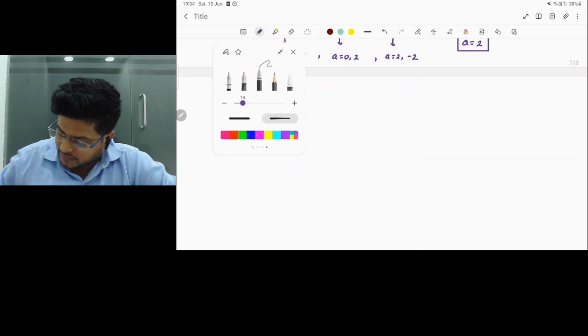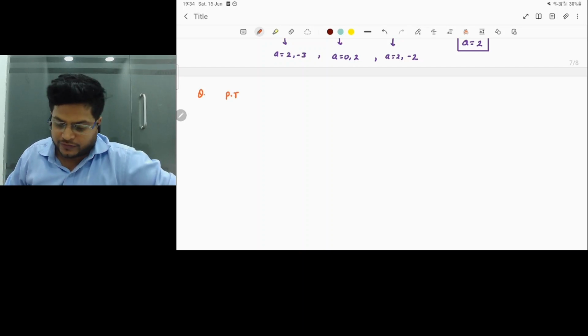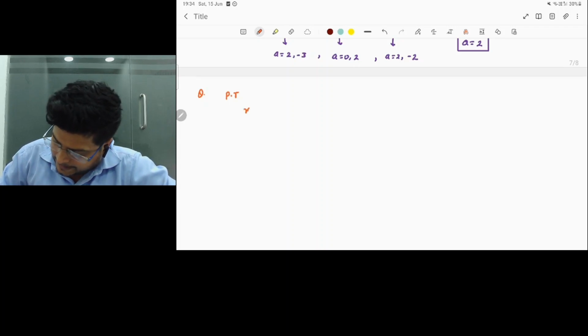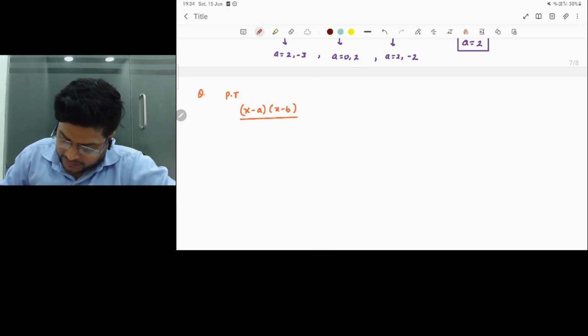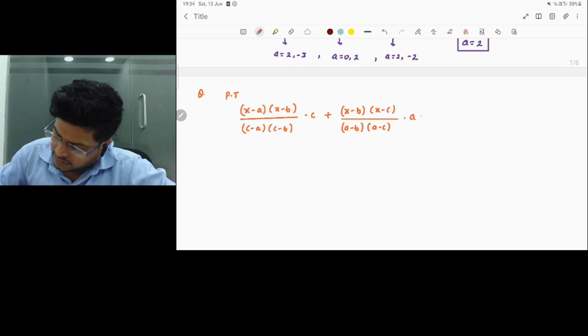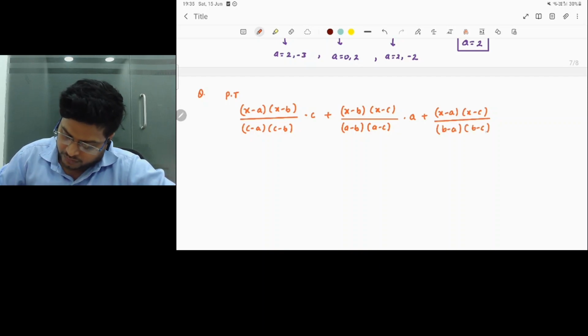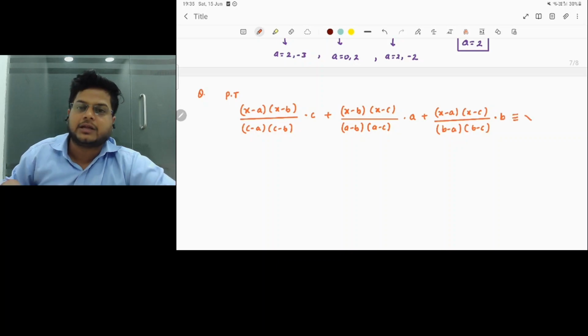So let us see another question. Let's say the question is: prove that x minus a into x minus b divided by c minus a into c minus b, into c, plus x minus b into x minus c divided by a minus b into a minus c, into a, plus x minus a into x minus c divided by b minus a into b minus c, into b, is identically equal to x.